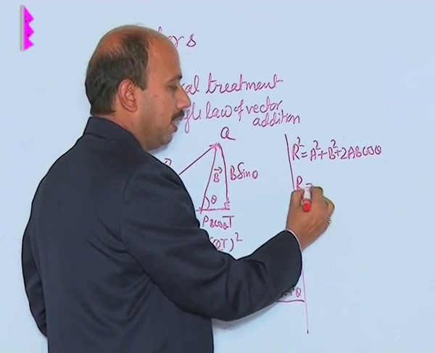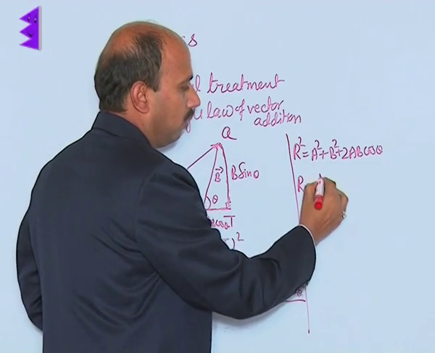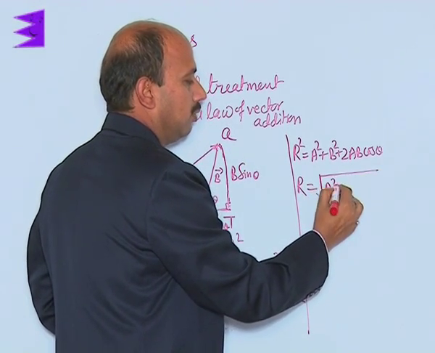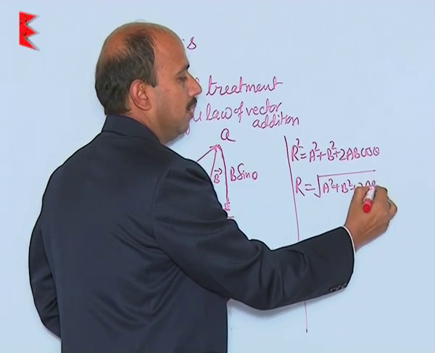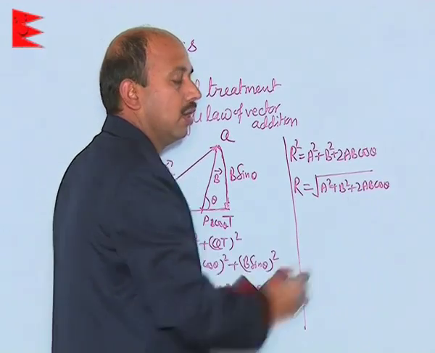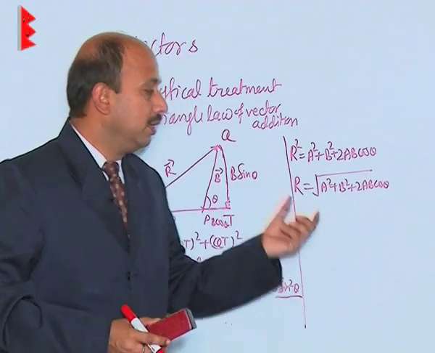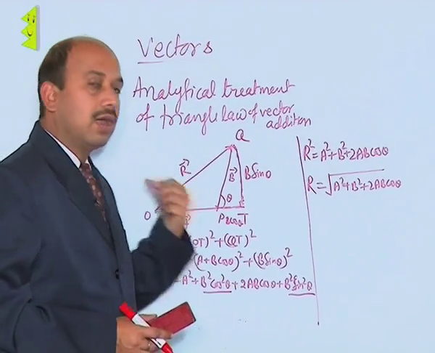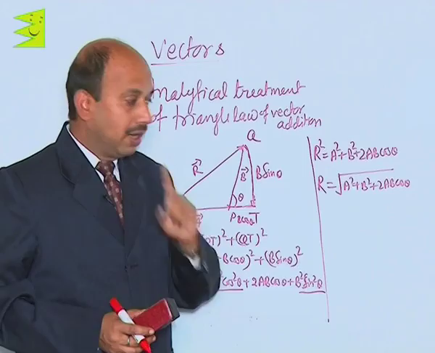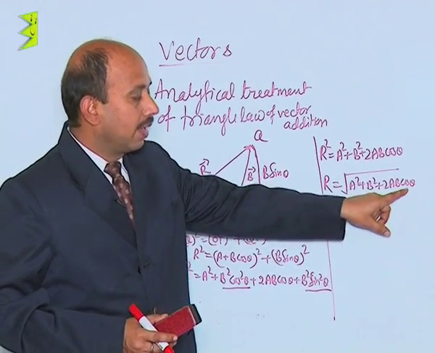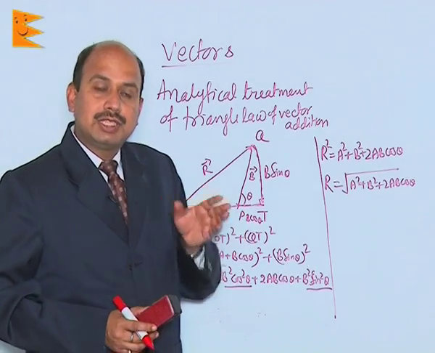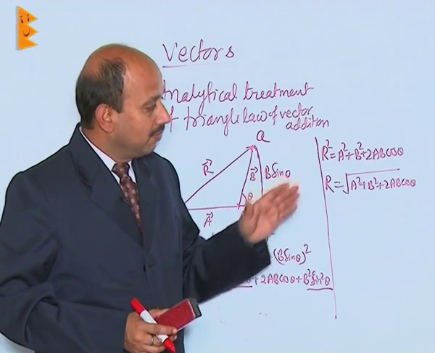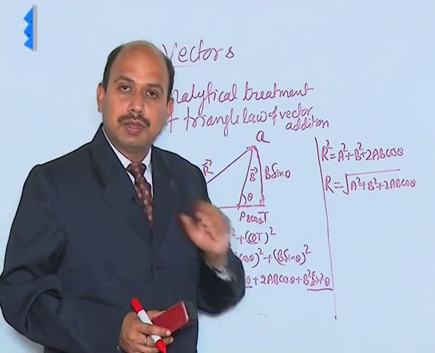So, R can be written as under root of A square plus B square plus 2AB cos theta. So, this is the magnitude of this vector R. See here, magnitude depends on angle theta. It means R can be changed by changing the angle between vector A and vector B.